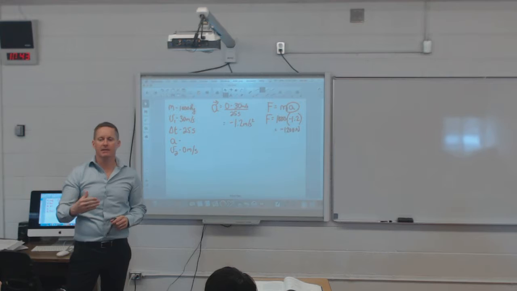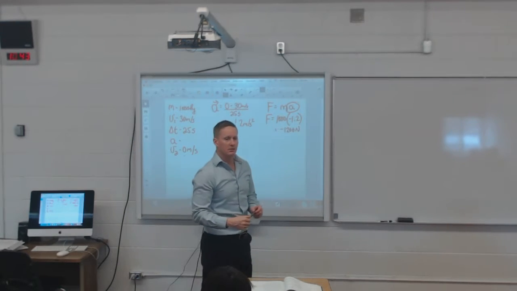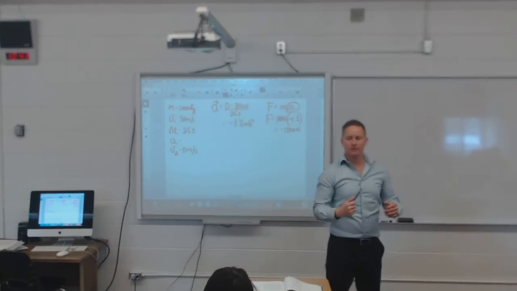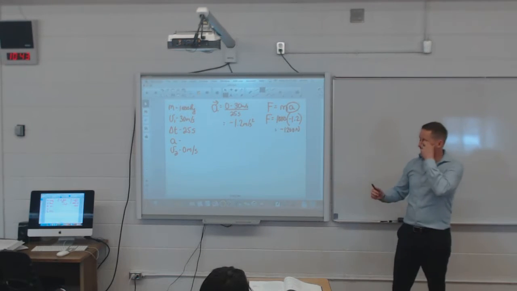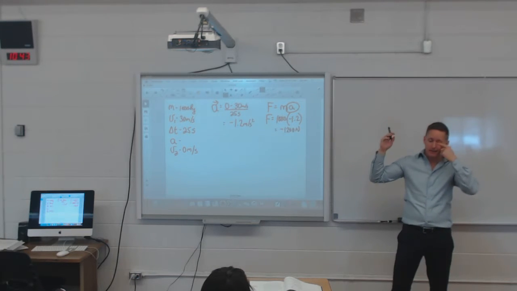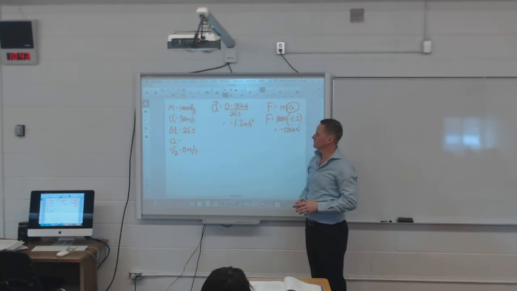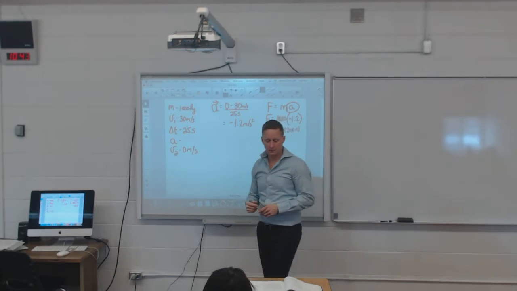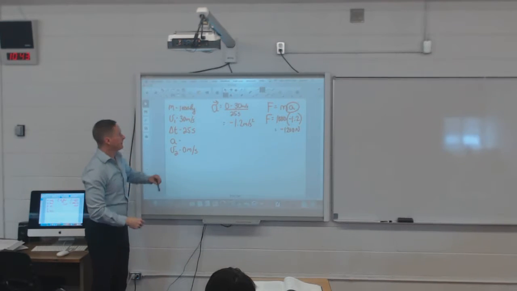You have to be accelerating or decelerating in order for a force to be acting on it. So if it's moving at a constant speed, your force would be 0. Now this one was moving at a constant speed until we hit the brake. Therefore that brake made the force act against it. Any problems with that?